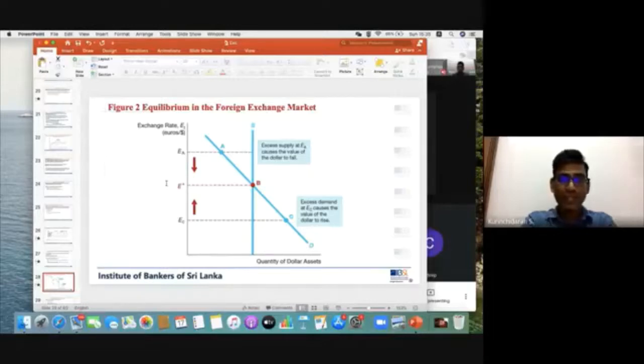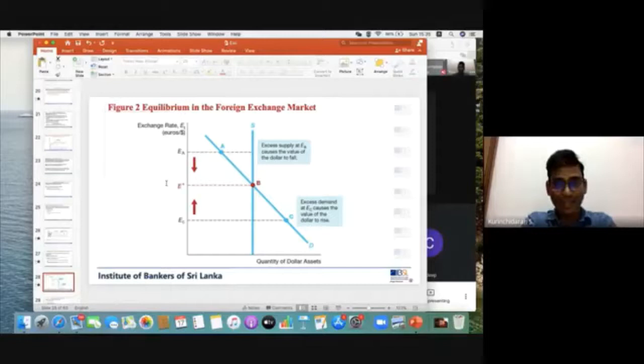Now you can see the demand curve is moving from top to bottom, and left to right. That is the slope. So it shows a negative relationship between the exchange rate and the demand for dollar assets, right?